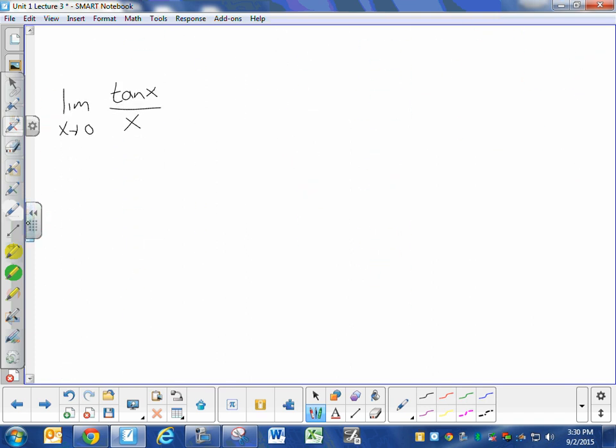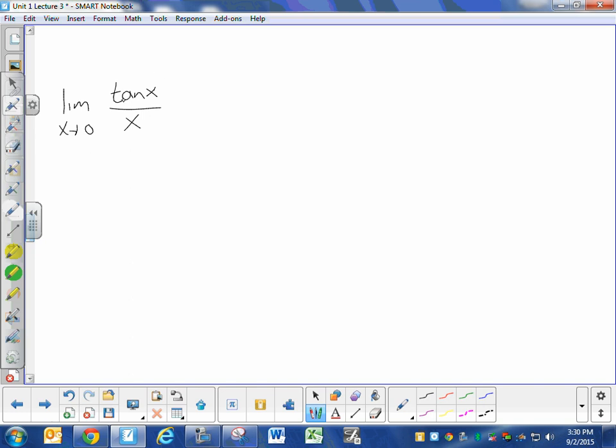Moving on. If I have tangent x over x, I can't plug in 0 because I'd get 0 over 0. I need to get that x in the denominator with a sine so that I know the limit as that approaches 0, I'd be able to plug in 0 after I got rid of that x, because sine x over x is 1. So what would I do?